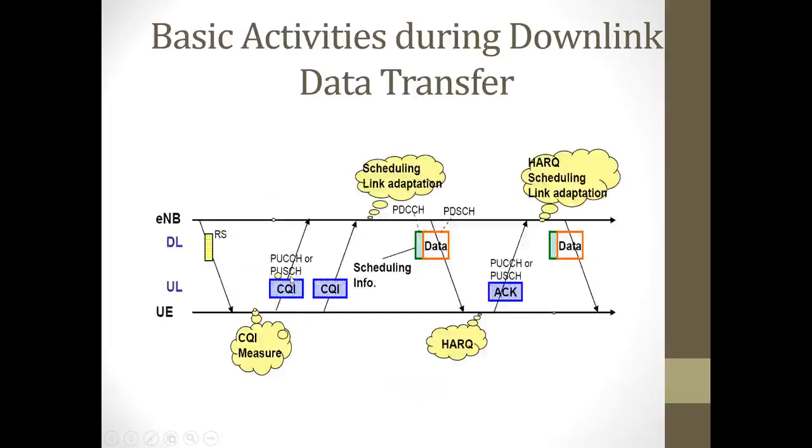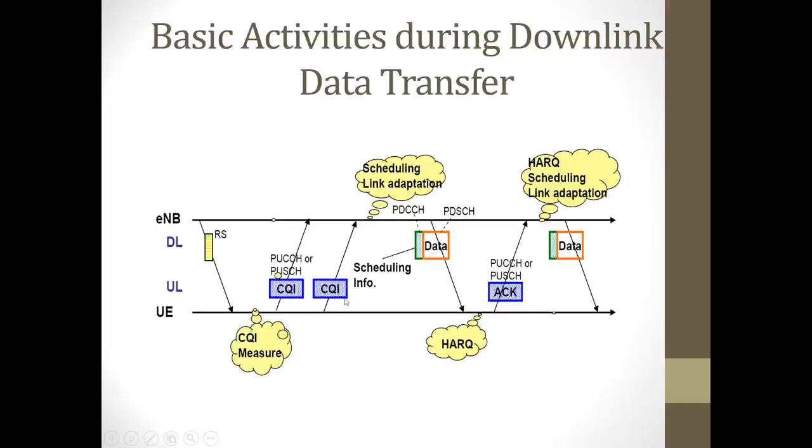But if you have no uplink data transfer going on, then in the uplink there is a control channel called PUCCH, the physical uplink control channel. Use that control channel to send your CQI. So the first thing is that the UE estimates CQI from downlink transmissions.